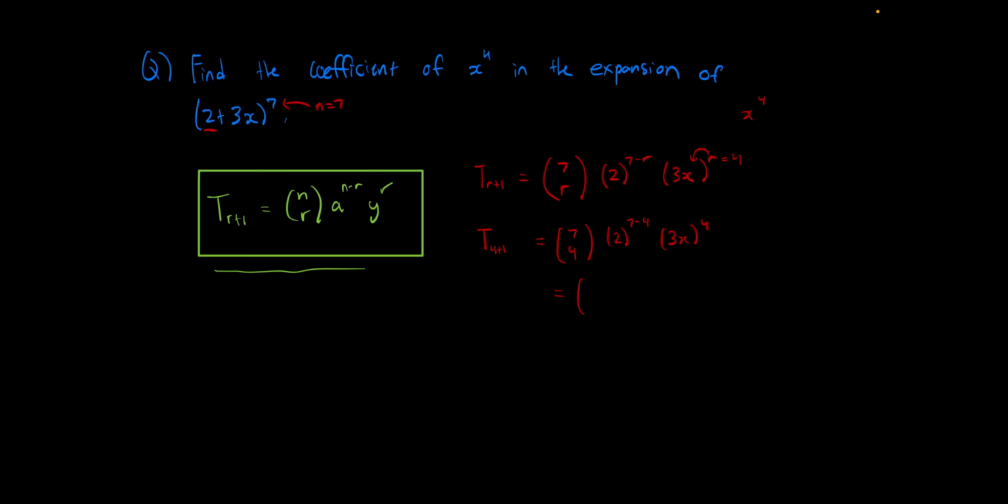And as you can see here, we get 7 choose 4, 2 to the 3 times 3 to the 4 times x to the 4. So again, we confirm that we are very happy because this is going to be the coefficient of x to the 4. So to evaluate this, it is going to be equal to 22680 x to the 4, and therefore the coefficient is equal to 22680.